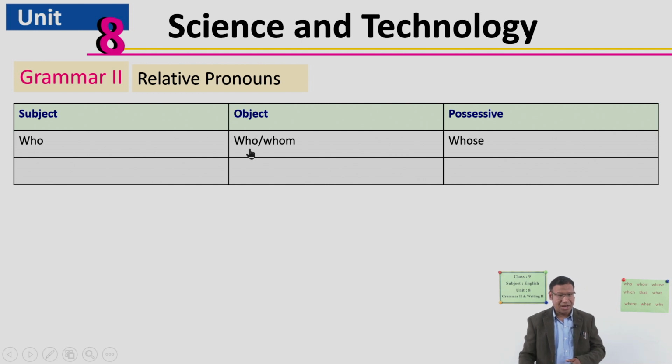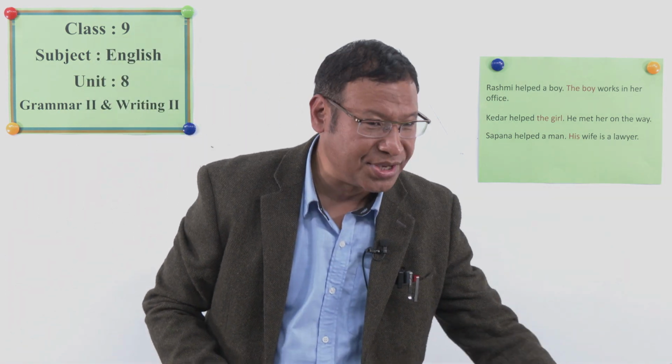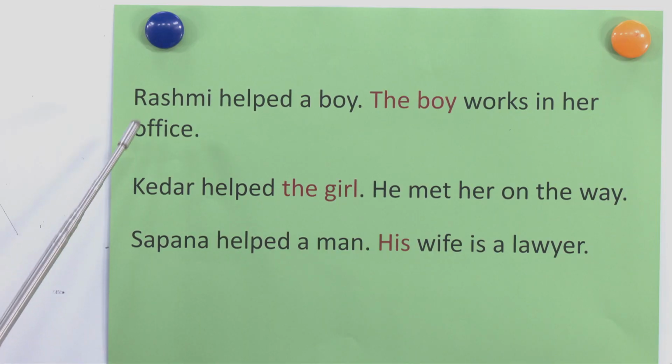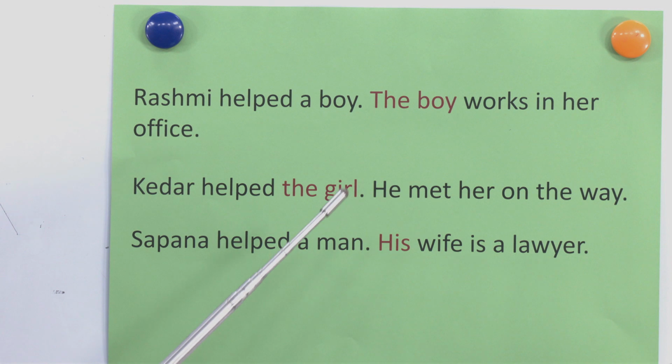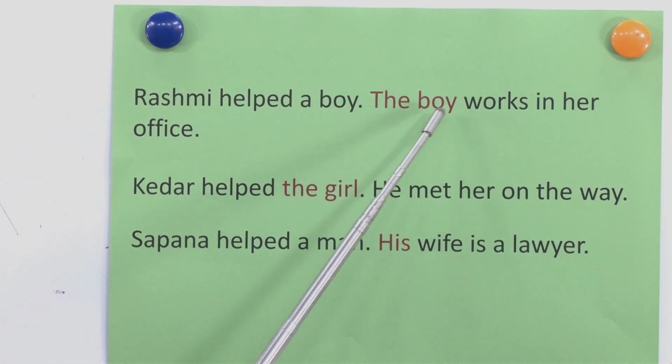All right. Now, how can they be used? Look at these examples. For example, look at this one. Rasmi helped a boy. The boy works in her office. Here the boy is the subject.